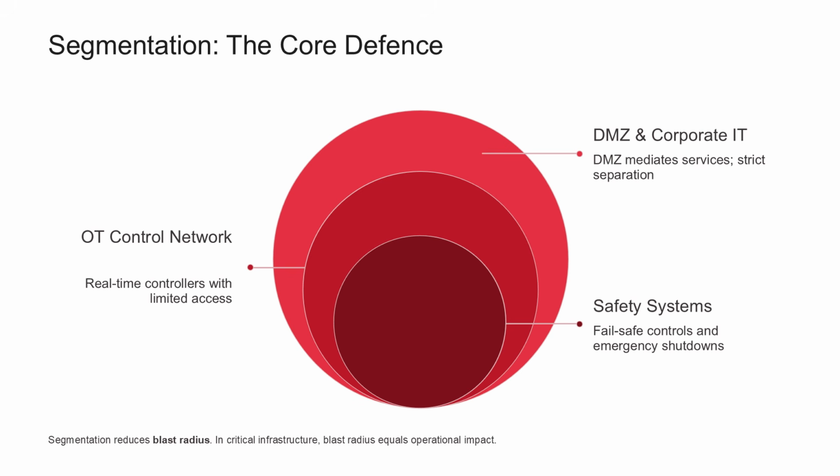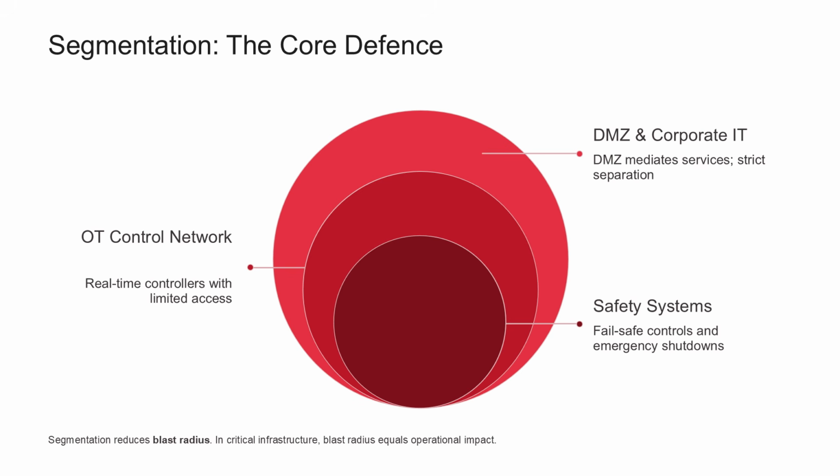For example, corporate users should not directly access PLC networks. Instead, access may be mediated through controlled jump servers, monitored gateways, or segmented access zones. Segmentation should enforce strict firewall policies, one-way data flows where possible, limited remote access, explicit logging of cross-boundary traffic.